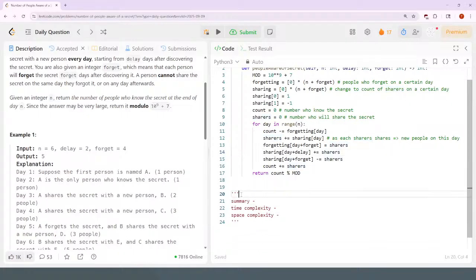Okay, so for this problem, the above solution simulates the situation using a few counters.